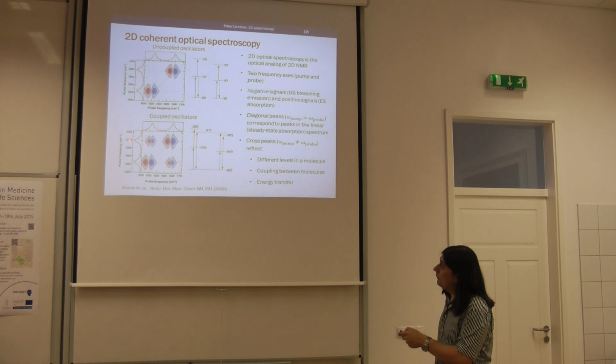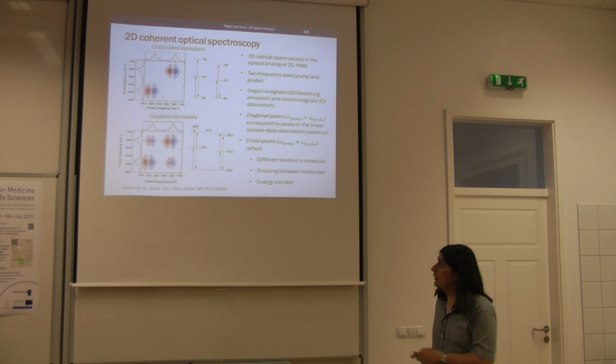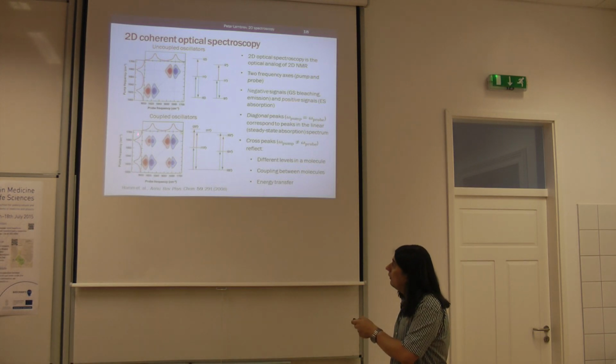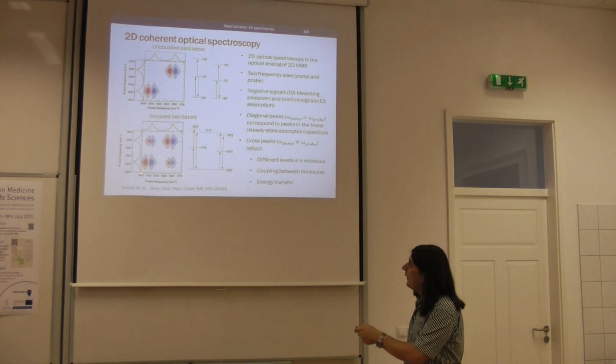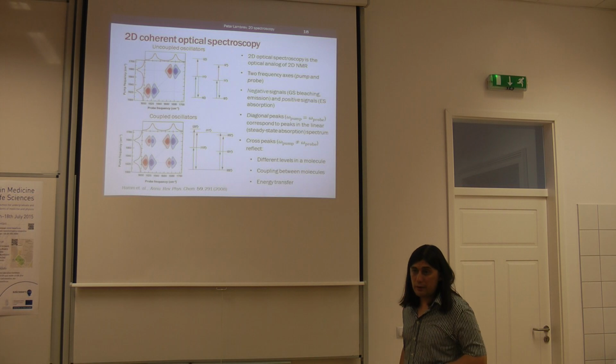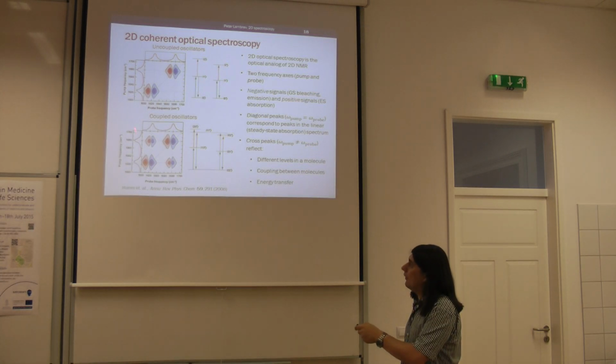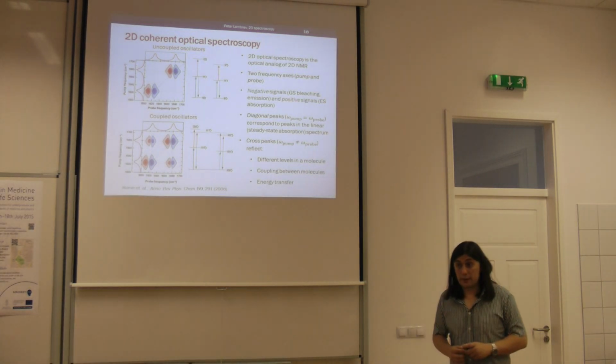So your pump will be a narrow pump, and your probe can be narrow or broad, doesn't matter. And then you can scan, so change the frequency of the pump, and then put them all together, and then you have another dimension. Yeah, you can do that.